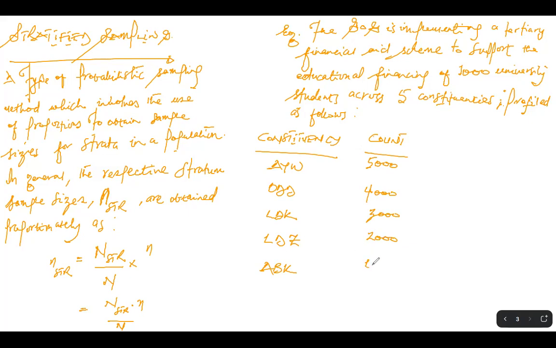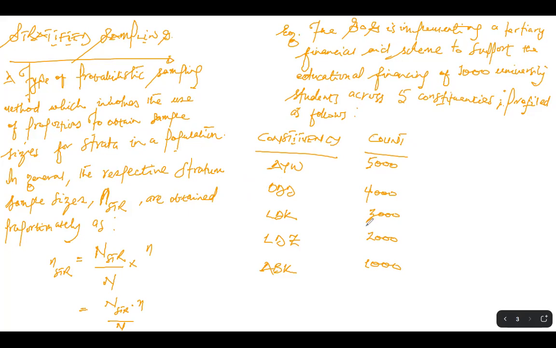Ablekuma, 1,000 people. Now here you see that the population is decreasing. It's just a coincidence. It doesn't matter what the various constituency populations are. This approach would still work, right? It's just because I'm illustrating. So the example ended up giving me these numbers.